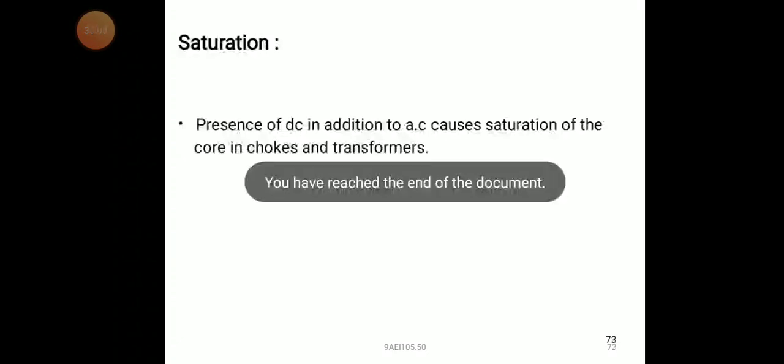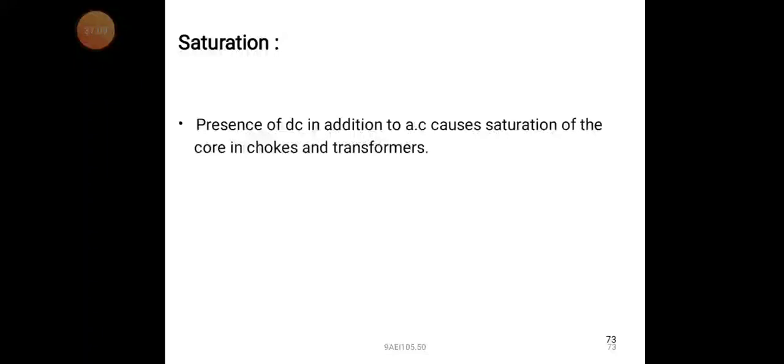Next one is saturation. Saturation means the presence of DC in addition to AC. The presence of DC in addition to AC causes saturation of the core in chokes and transformers.